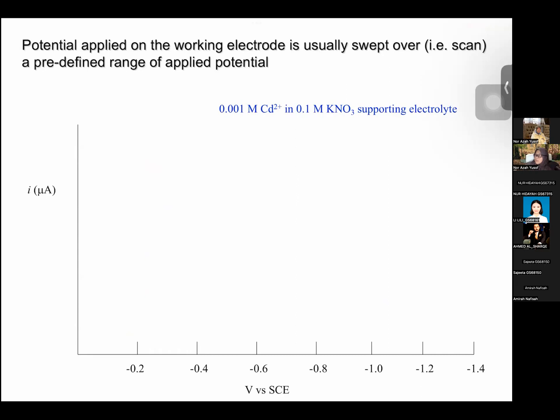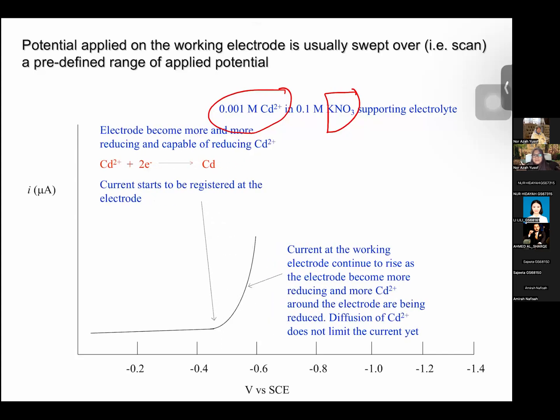In this case, we are analyzing cadmium 2+ using potassium nitrate as a supporting electrolyte. Once you put the right potential for cadmium 2+, the cadmium is being reduced, cadmium 2+ reduced to elemental cadmium.